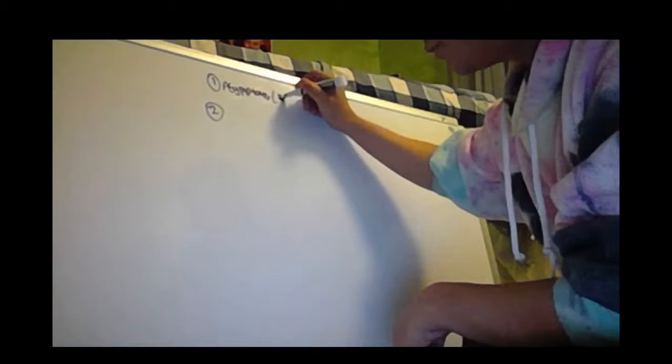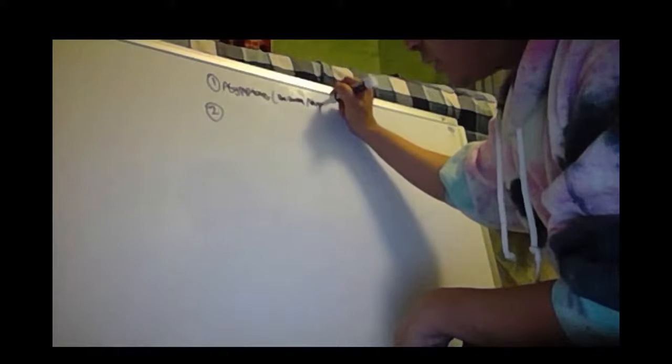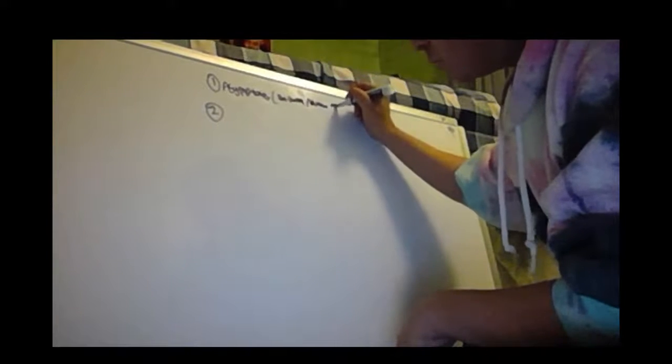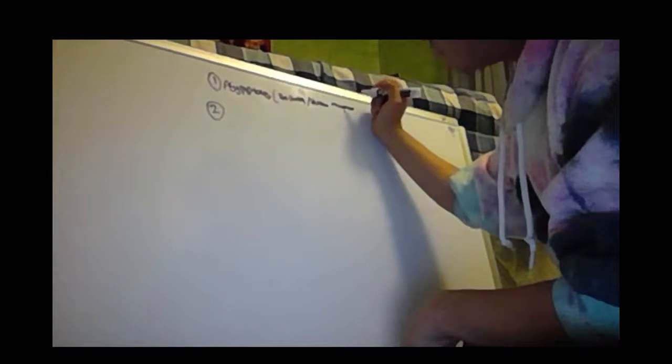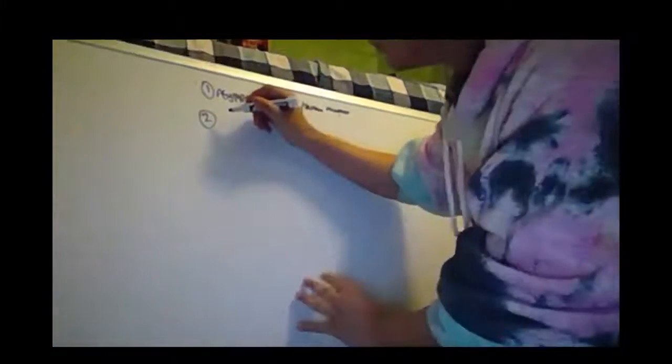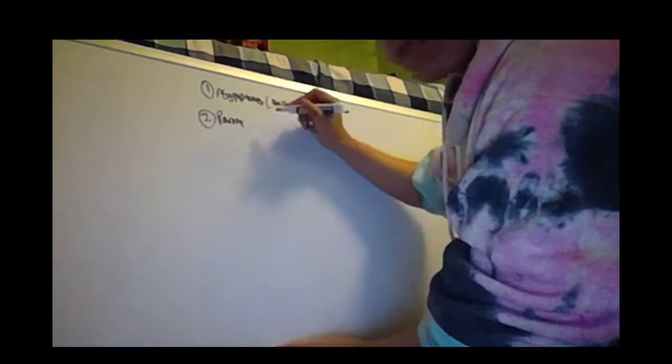That means horizontal and vertical asymptotes. We went over what those were. We went over the parent function of a rational function.